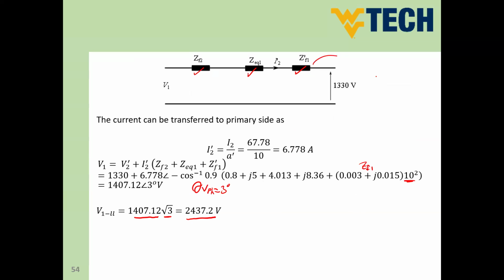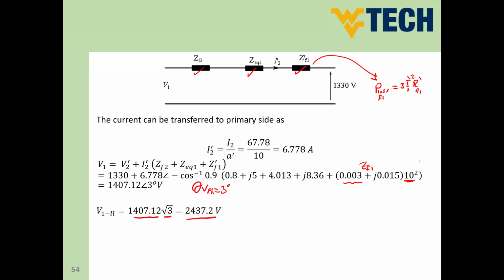If I would like to get the loss across feeder 1, so I can say P loss feeder 1 equals 3 times I2 prime square times R feeder 1 prime. So R feeder 1 prime is this value times 10 square.